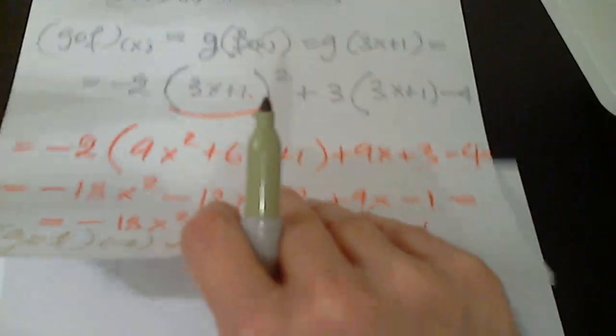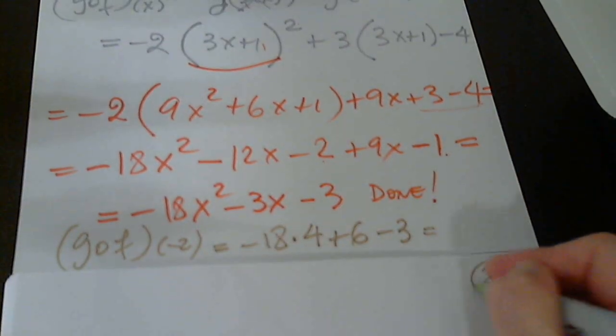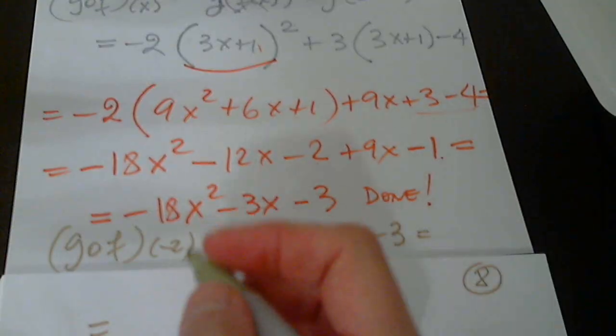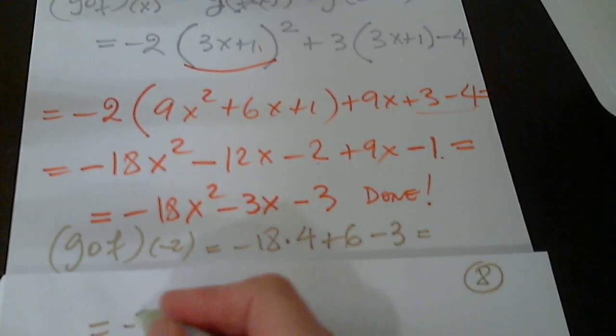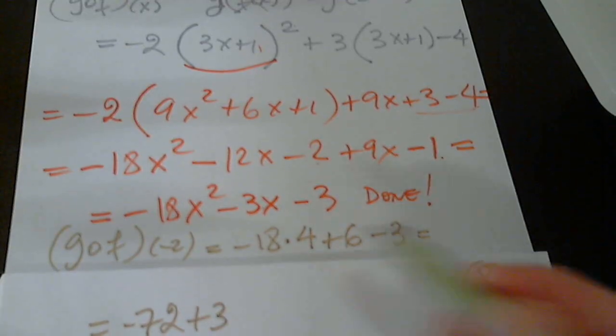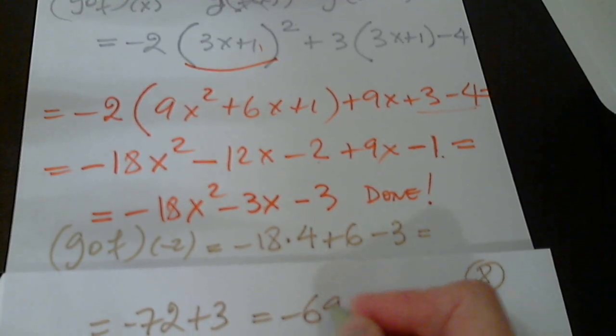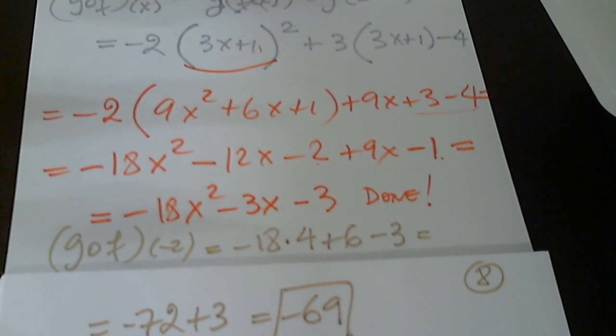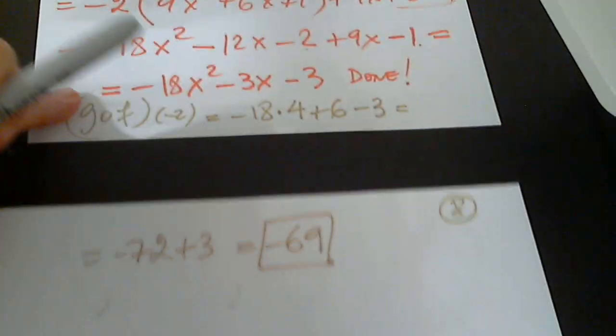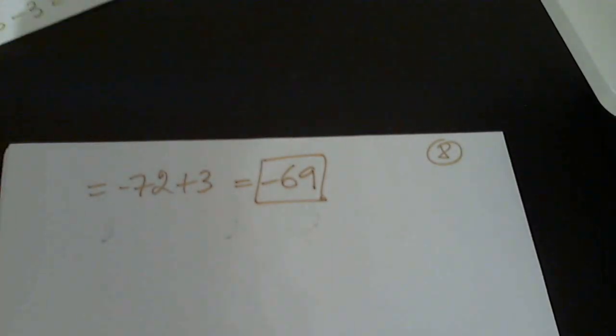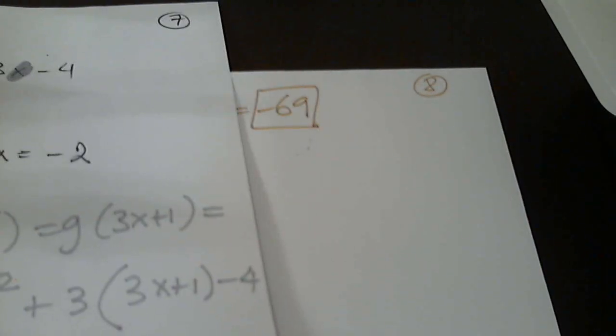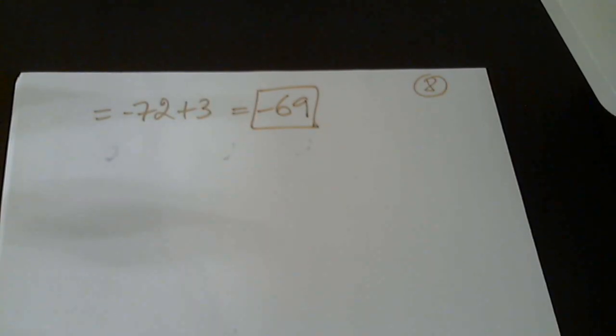So -72 and +3, which is -69. So the value of g comp f at -2 is -69. Any questions on this problem?